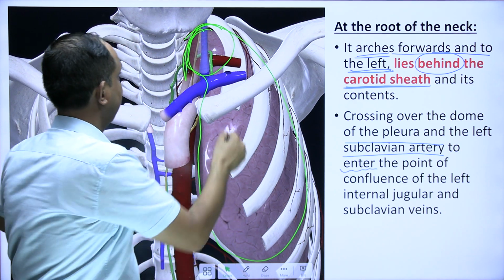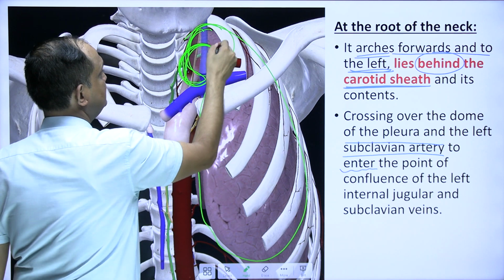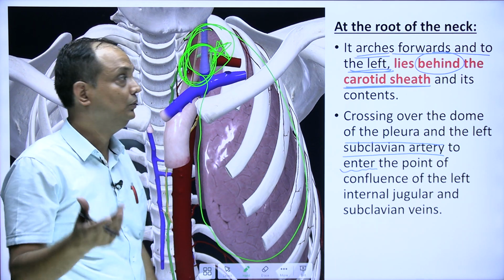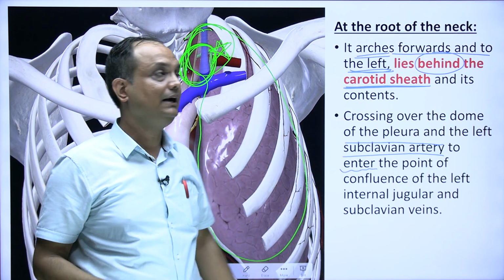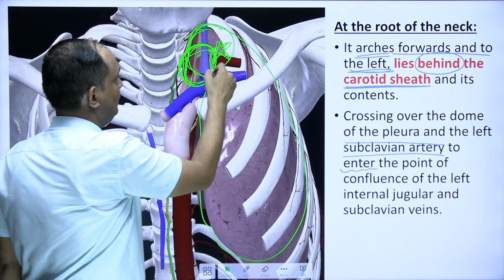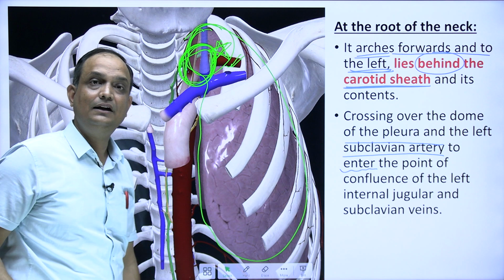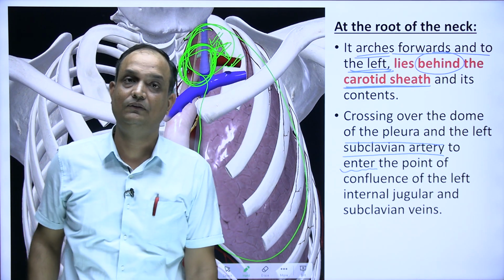For this reason the relations are very important to understand: the structures anterior to the loop are the structures of the carotid sheath, and apart from that this loop lies on the first part of the subclavian artery, and it is also in relation with the apical part of the pleura of the left lung.